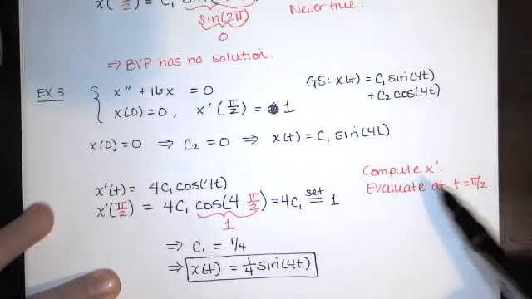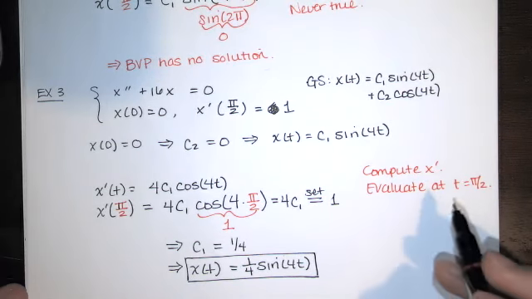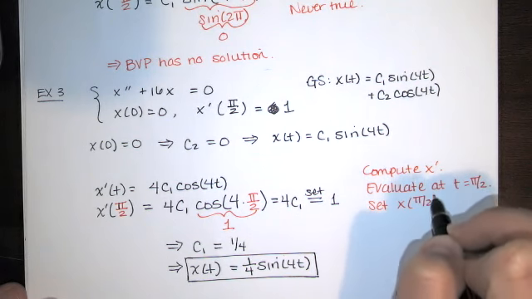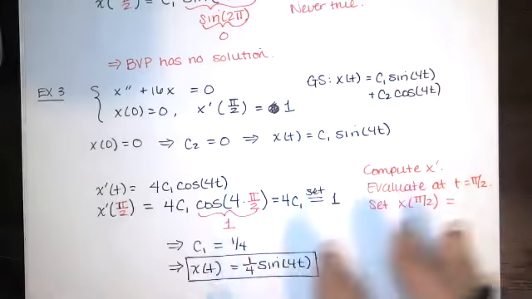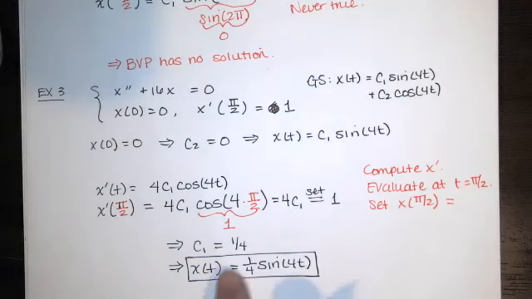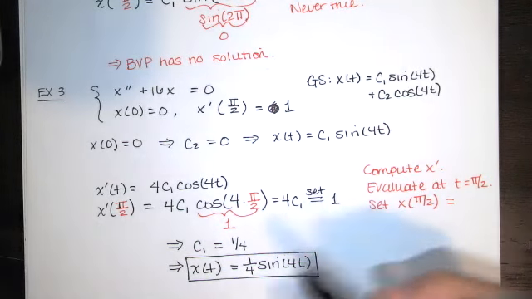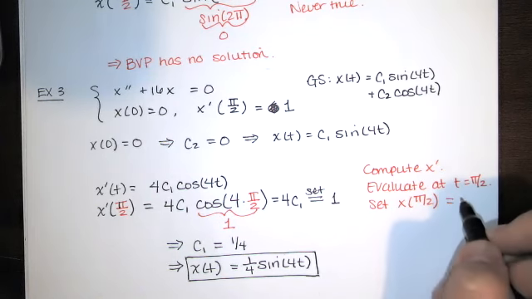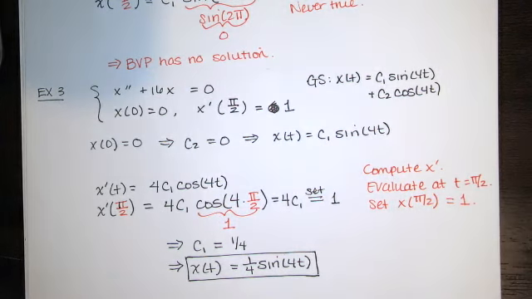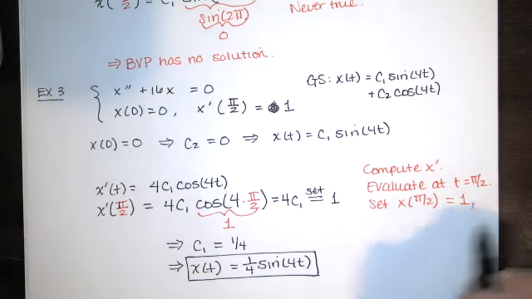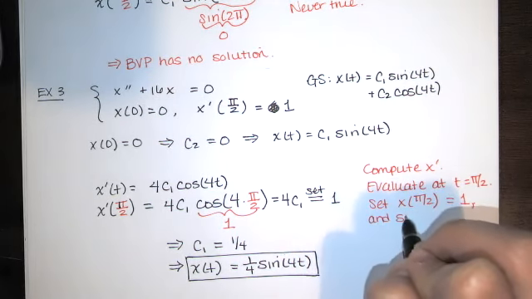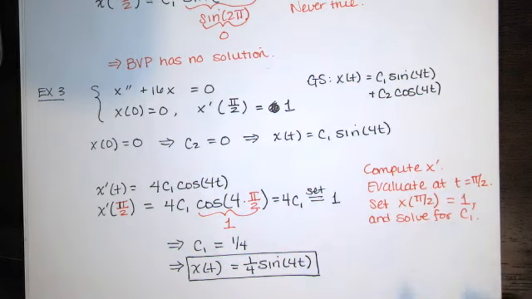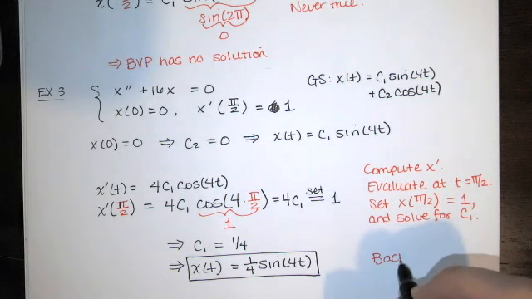So we evaluated at t equals pi over 2, and then we set x prime at pi over 2 equal to the given value. We could have made it 0, but I didn't like that one because it was just going to give me the 0 solution, so I tried to make it more interesting. So we set this equal to whatever that given value is, and I changed the example and made that a 1. And then we solve for C1, and once you do that, you back substitute.